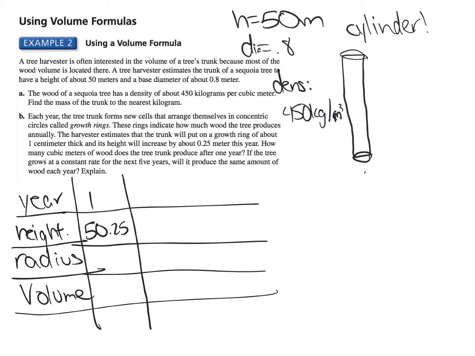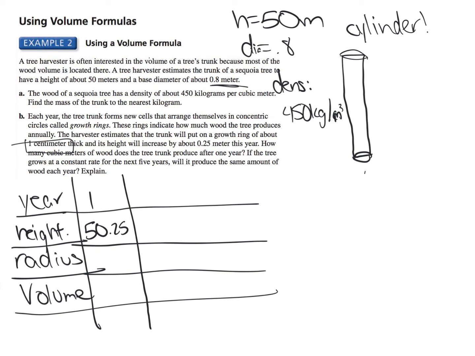Our radius grew at a rate of 1 centimeter. So if we are looking at meters in our normal piece, we need to change that back.